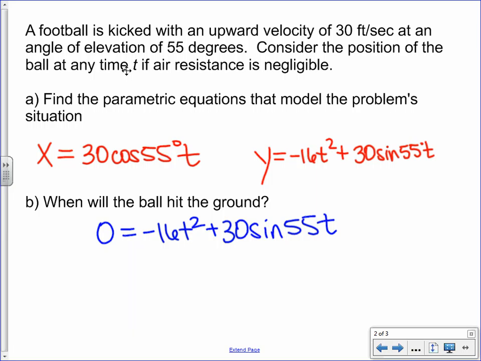We know we will not eliminate the parameter. We just get to work with algebra. Both terms have a t.